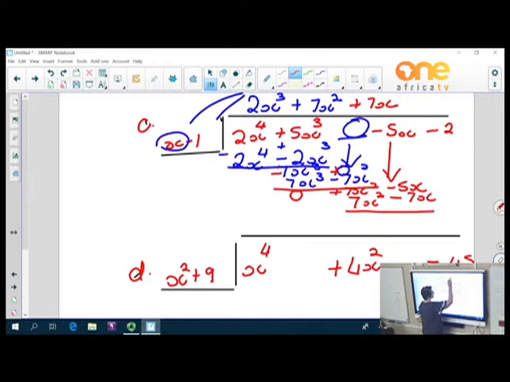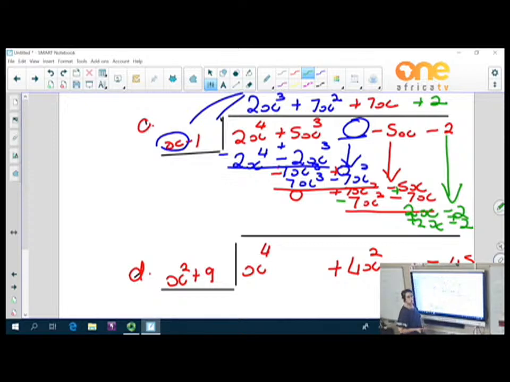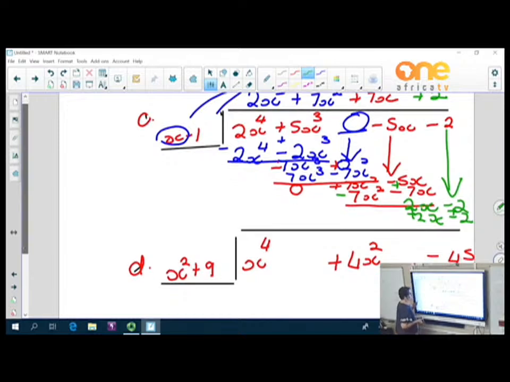You subtract, so you change the second signs and add. So there we have 2x minus 2. And it will then there be plus 2. If you multiply, you have 2x minus 2. Again, we change the second signs and add. It will eliminate. There is no remainder.